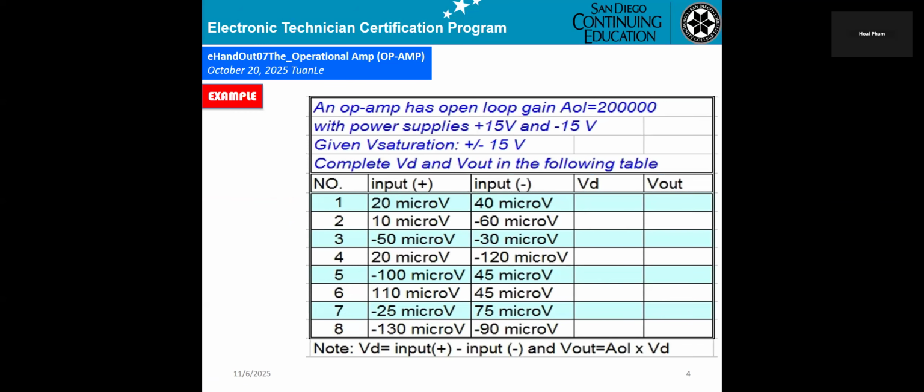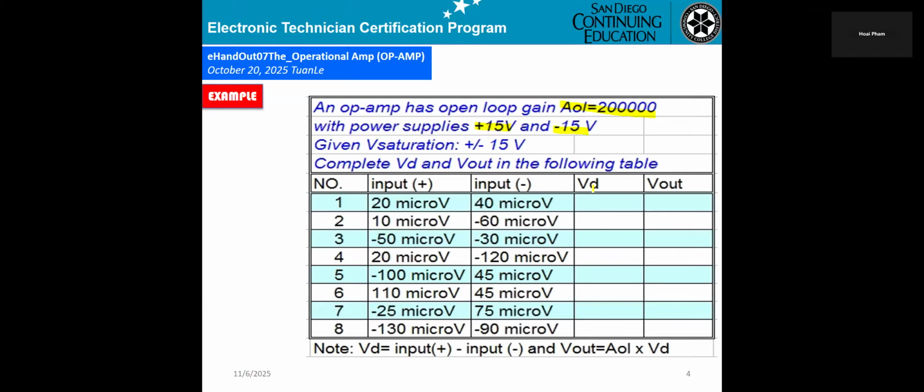And this one we already gave you last time. They gave you the op amp open loop gain, 200,000, power supply 15 volt and minus 15 volt.